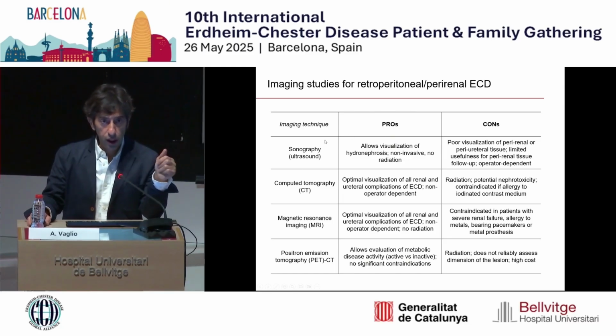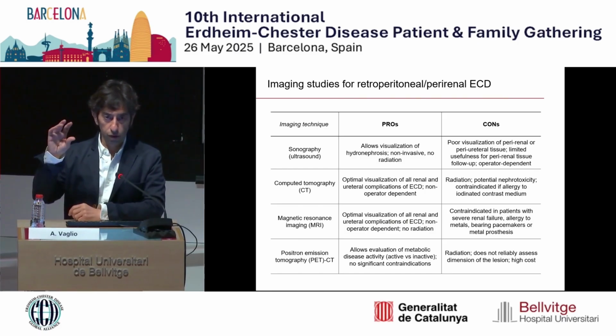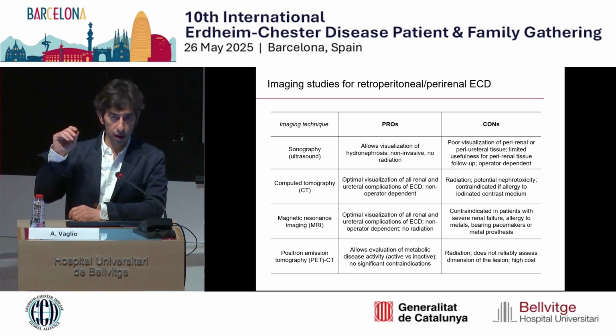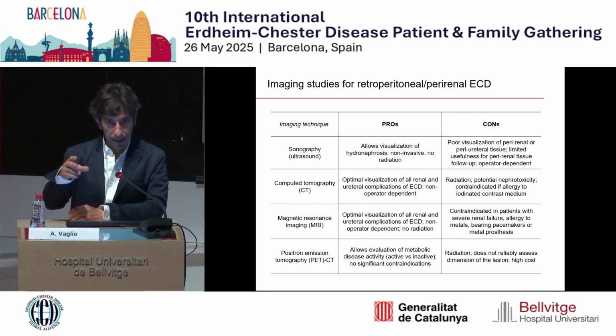Ultrasound is very useful. It's cheap. It doesn't carry any risk. It's non-radiating. But it allows the visualization of the hydronephrosis, of renal artery stenosis. It's a good screening imaging technique, but it's not as precise, as fine as CT or MRI can be.